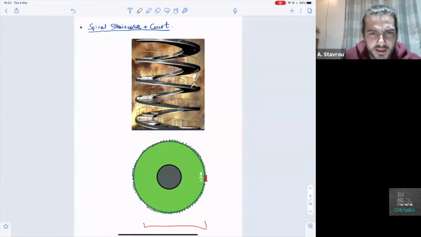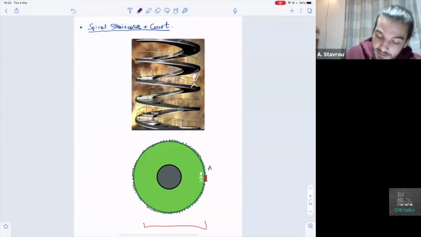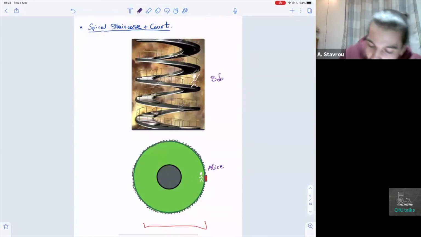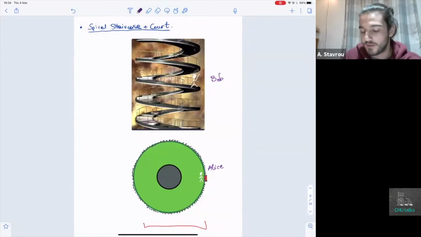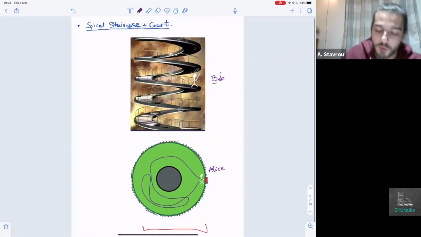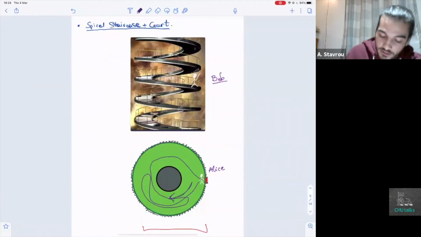And these guys communicate with each other. Let's call her Alice, and let's call this guy Bob, okay? So Alice walks around the fountain. And as she walks, she speaks through a walkie-talkie to Bob and tells Bob, I'm walking clockwise, or I'm walking anti-clockwise.